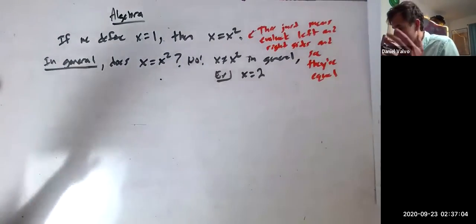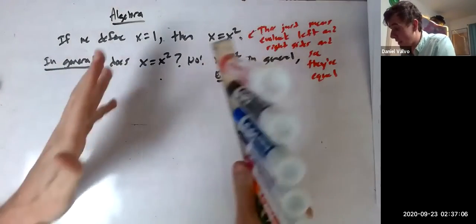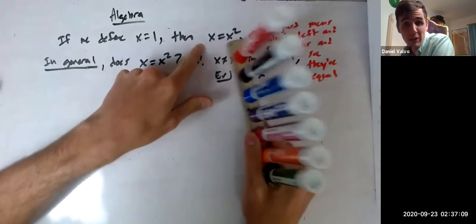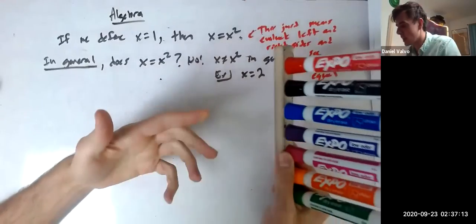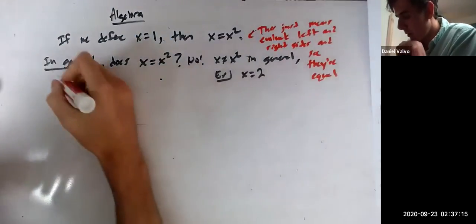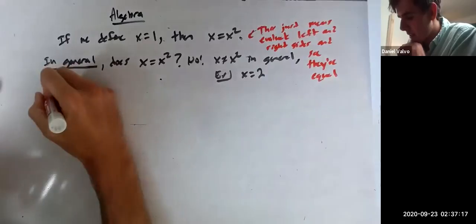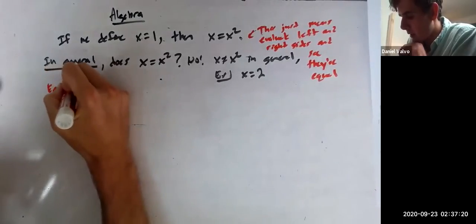Saying that we have an equality just means that the number the left side equals the number the right side equals.